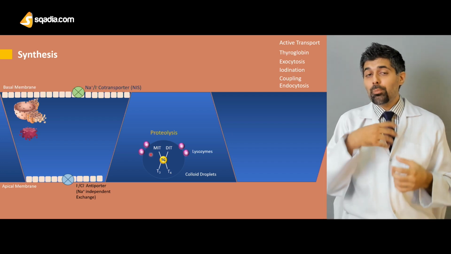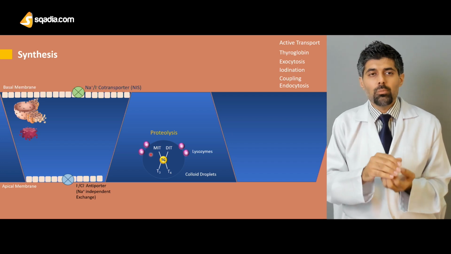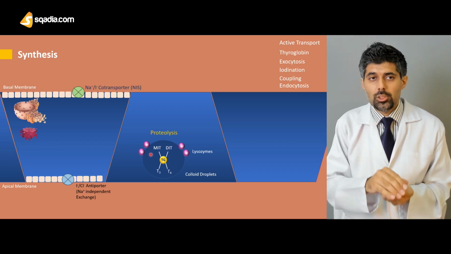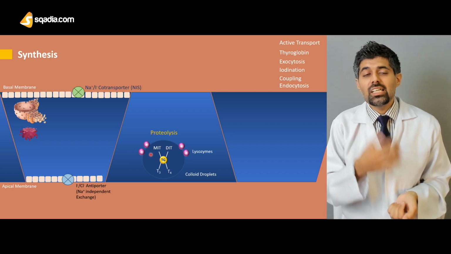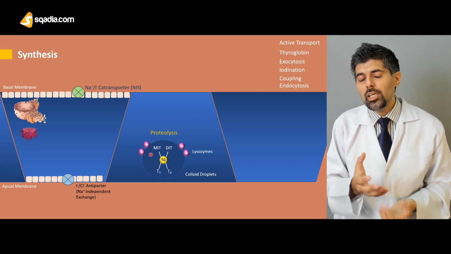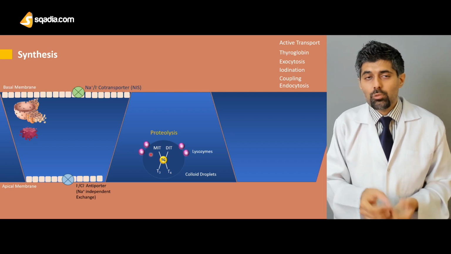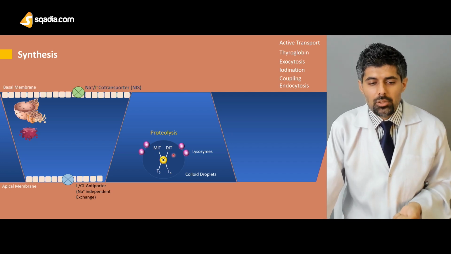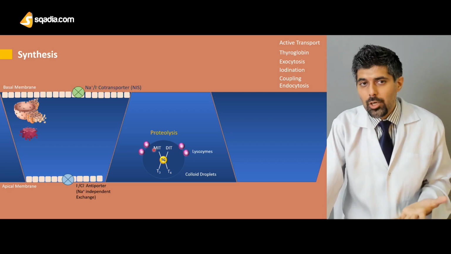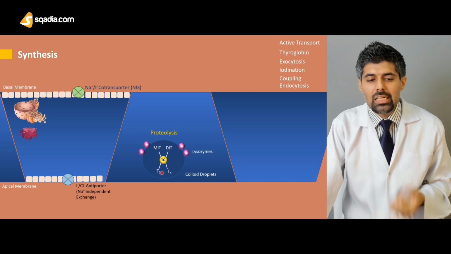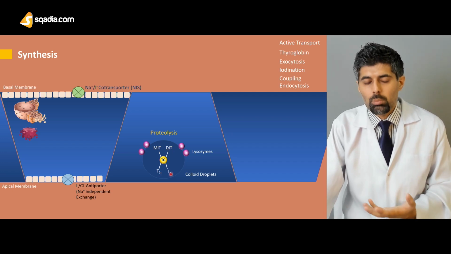It is called proteolysis because it removes amino acid residues. Tyrosine is an amino acid, the only difference being that it has been iodinated. So, because of proteolysis, the tyrosine gets rid of monoiodothyronine, diiodothyronine, T3 and T4.